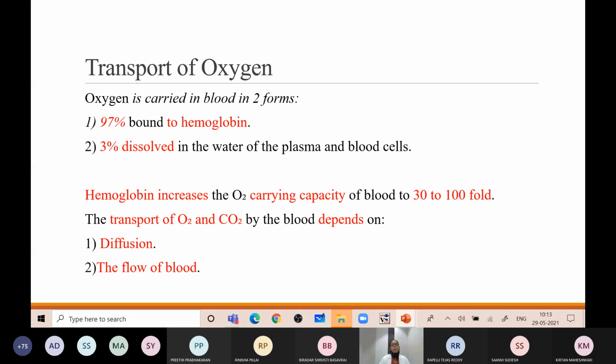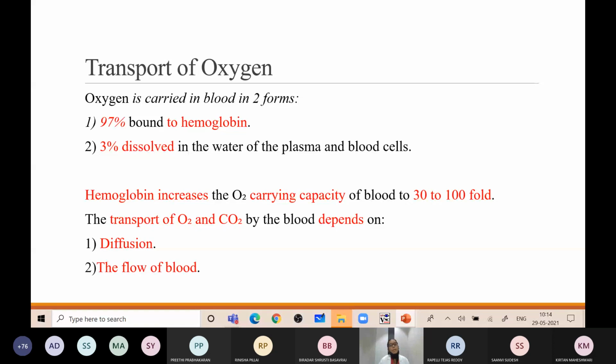As I told you already, oxygen is carried in blood in two forms. 97% of the maximum amount of oxygen is carried bound to hemoglobin, whereas only 3% of oxygen is carried dissolved in the water of plasma and blood cells.